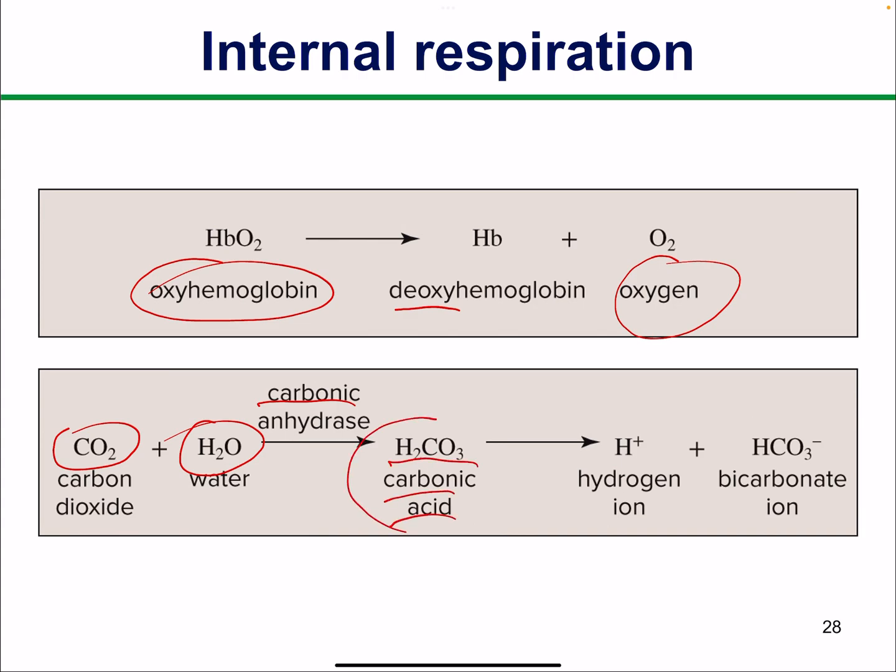That carbonic acid is going to split because this chemical can hurt our cells. So carbonic acid is going to split into hydrogen ion and bicarbonate. Okay, that bicarbonate is the most abundant form of carbon dioxide in the blood. But let me close that parenthesis.